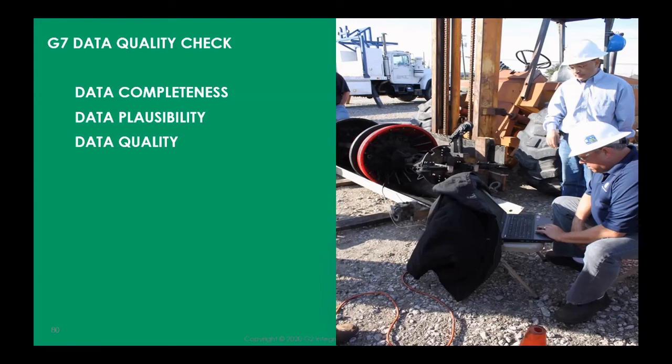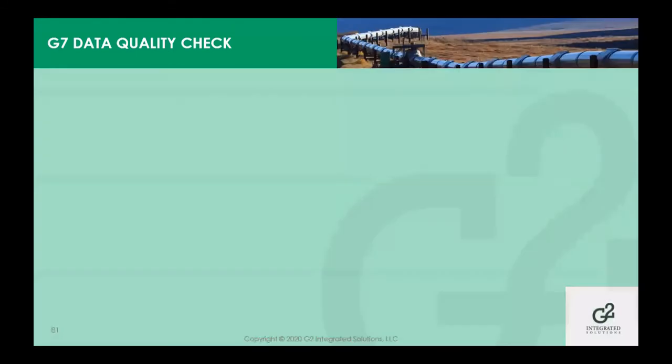It's difficult to see the features, it's difficult to see the anomalies, and that is critical. In general, you shouldn't wait more than 5 days after the inspection of your asset in order to receive the report indicating the quality of the data in these three categories: completeness, plausibility, and quality.